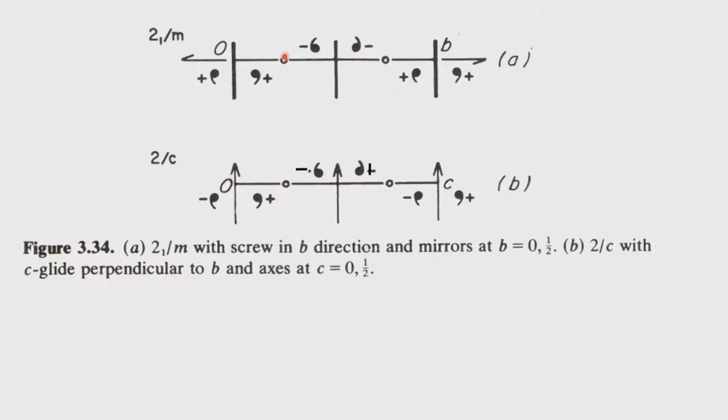Now, if you take this as the origin, the intersection of the mirror and the 2 1, your x y z will see both 2 1 and mirror. And apart from that operation, we do not have any further operation at that particular point with respect to 0. The fact that the center of symmetry develops at 1/4 position is not going to give us back the x y z.